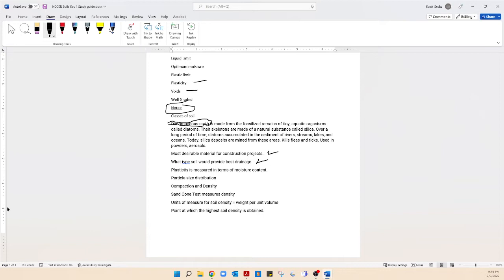Also, coarse grains are good for structures, roads, and things like that. And plasticity is a measure in terms of moisture content and particle size distribution. You can read about that. We will be getting heavily into that as we go into our ebook, Soils and Foundation.